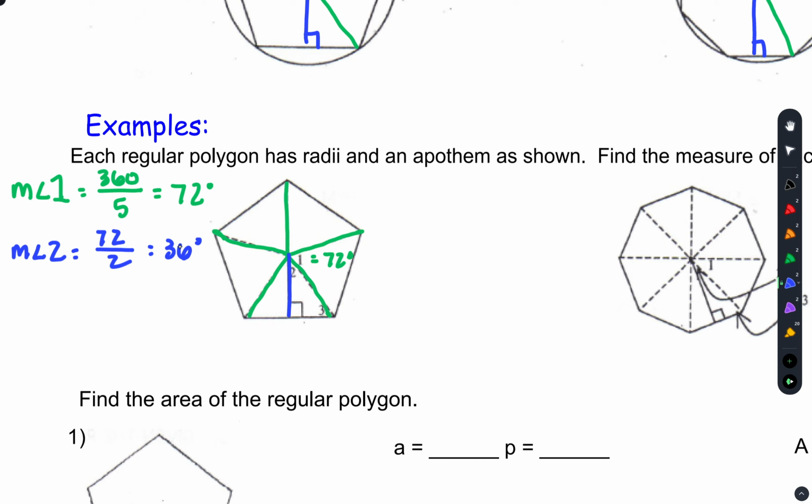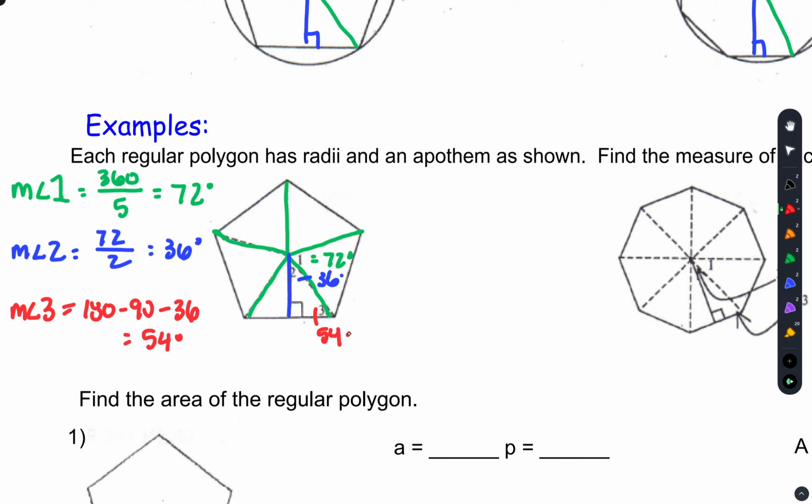But if we do, for whatever reason, need to know what the third angle is, we can very easily find it by doing 180 minus 90 minus that other angle we just found. In this case, it would be 54 degrees down here. But that's how we go about finding those angles. It's the same process every time.